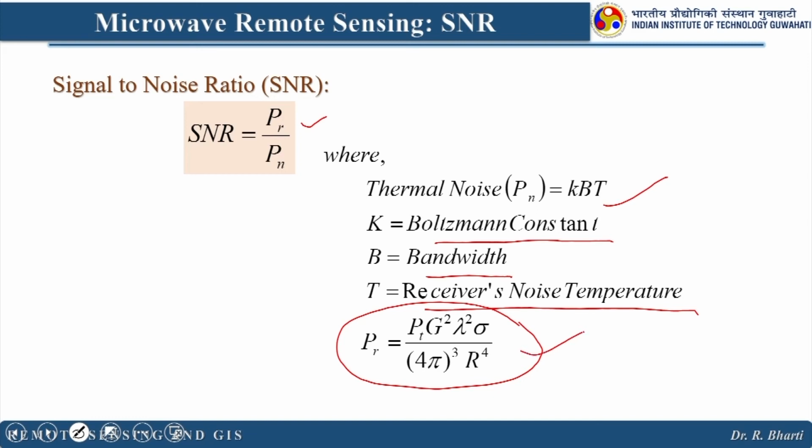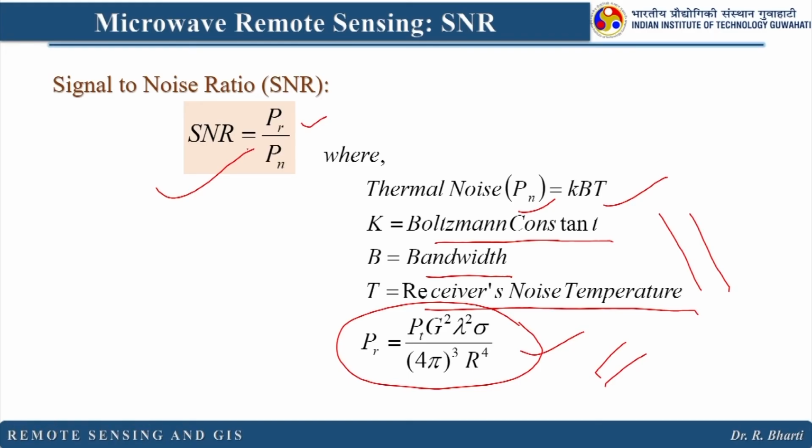This comes from the radar equation, and you can calculate PN from here. Once you have this, you can easily calculate the strength or the quality of your signal using this signal to noise ratio formula, right.